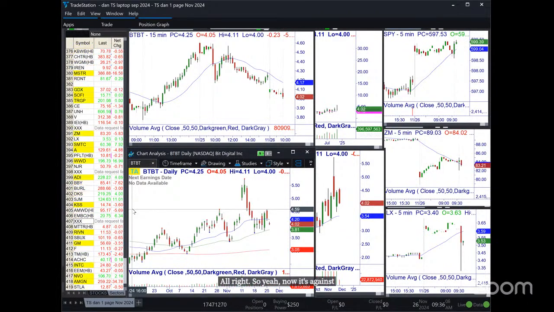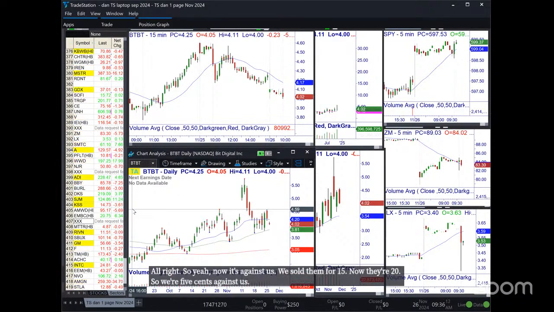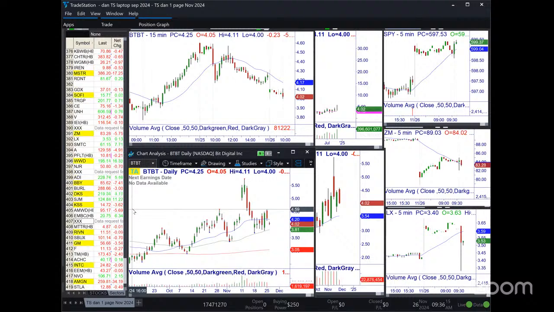We sold them for 15, now they're 20, so they're 5 cents against us. We have puts that expire this Friday, $4. I might kill it early. Now it's deep into the green bar.